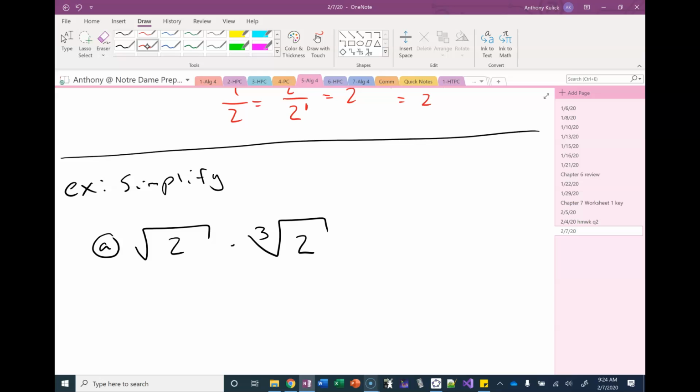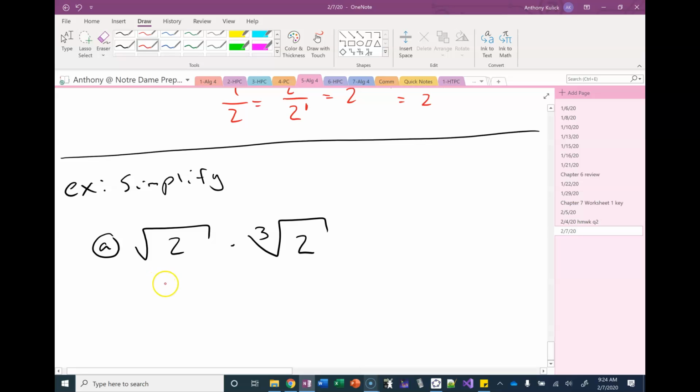So let's say we want to multiply the square root of 2 by the cube root of 2. We could not deal with this situation previously. The reason we could not is because the index on these two radicals are different. So we couldn't use the property that just allows us to multiply the radicands together.